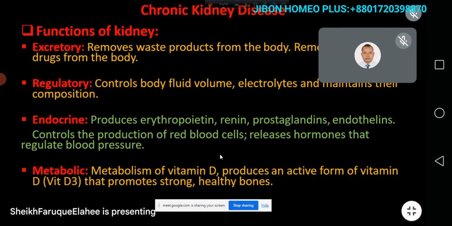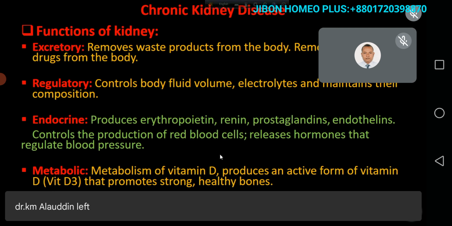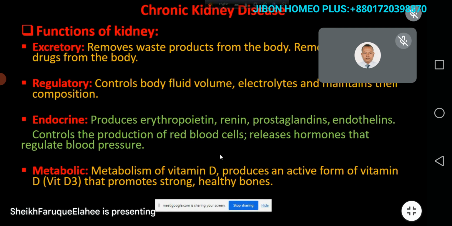Now, let me discuss a little bit about vitamin D production. You know, vitamin D we don't need to take from outside as a food. No need. Our skin has enough precursor of vitamin D. This is called vitamin D1. This vitamin D1 is activated by sunlight.